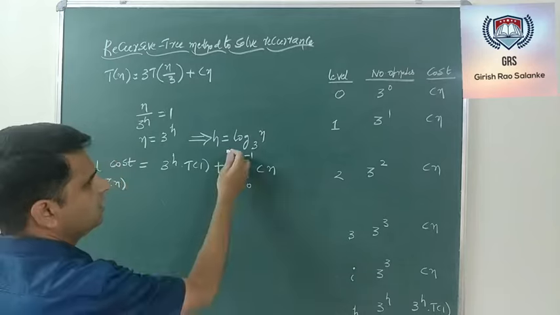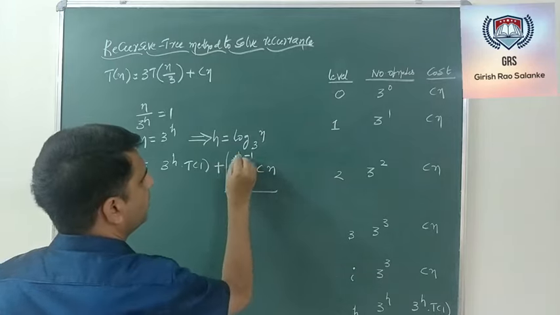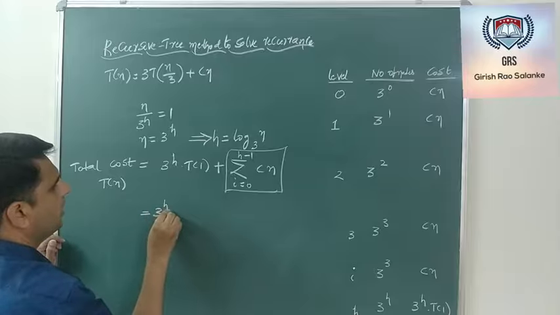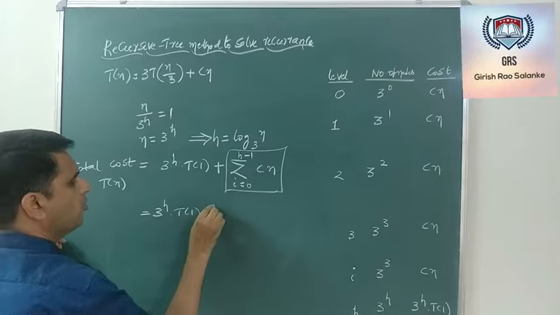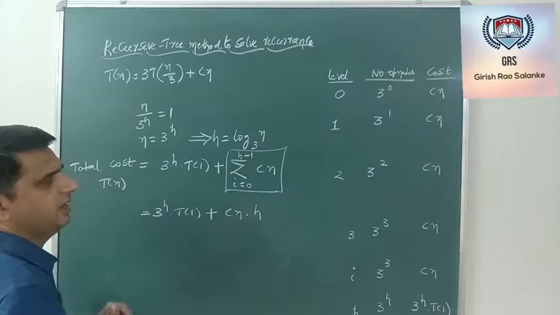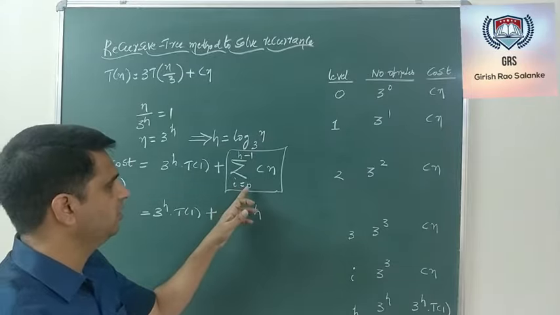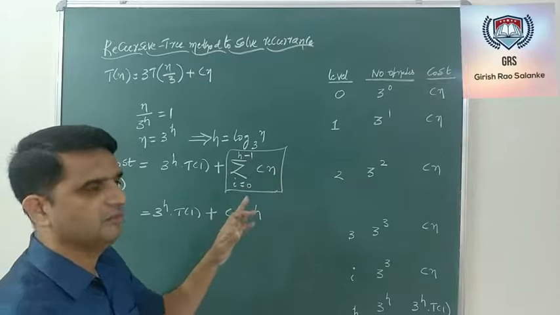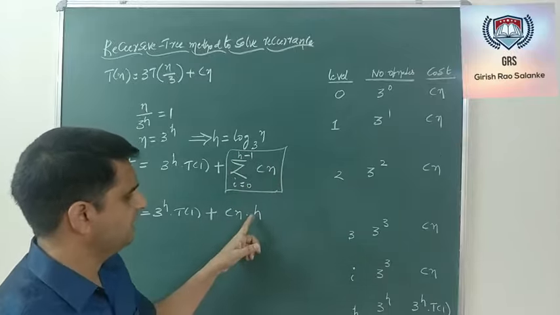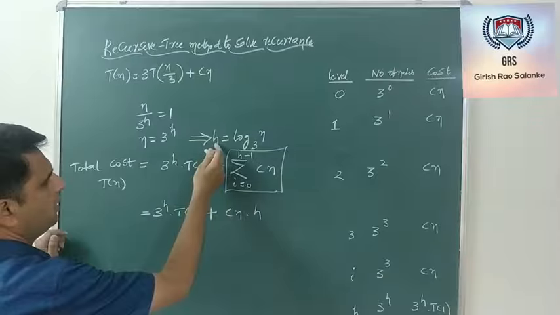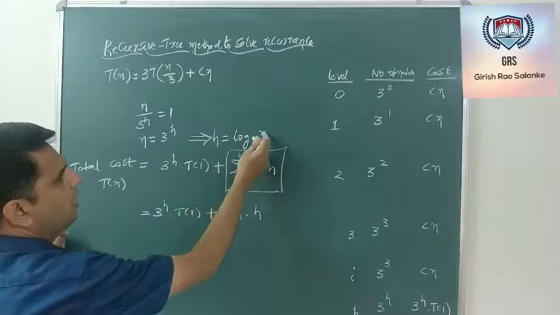Please note that this becomes 3 power h into T of 1 plus Cn into h, since the summation for i equal to 0 up to h minus 1 of Cn is nothing but Cn h times. Now substitute the value of h. The h value was log n to base 3.